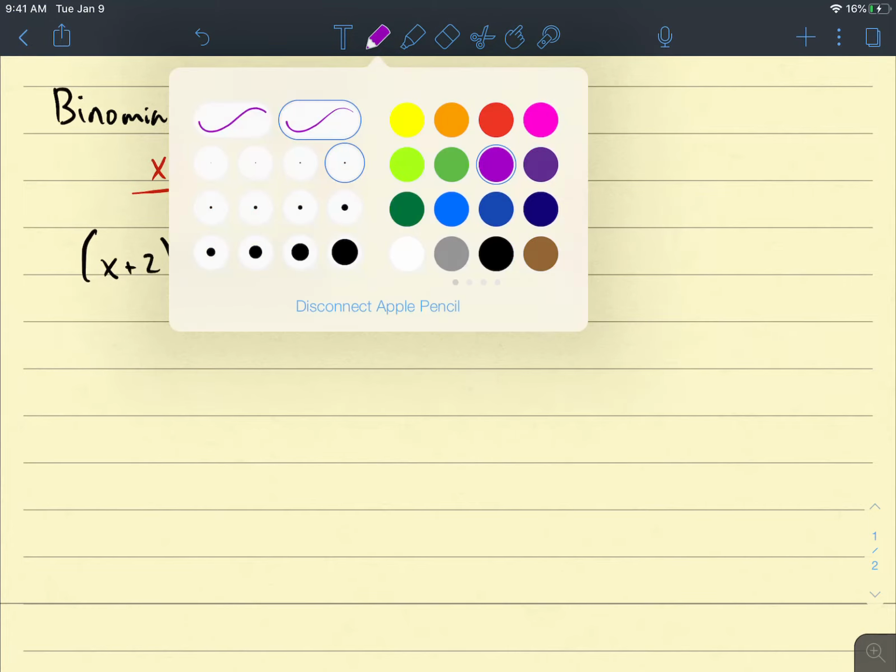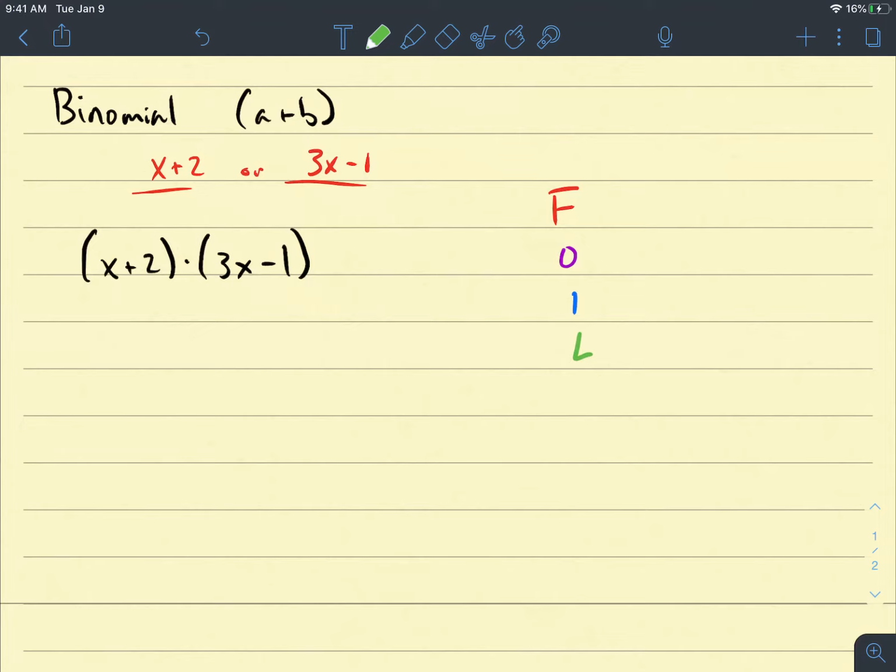That's okay. Today, we're going to learn it or review it. This refers to first, outer, inner, last. And that's just the order that we're going to be multiplying.